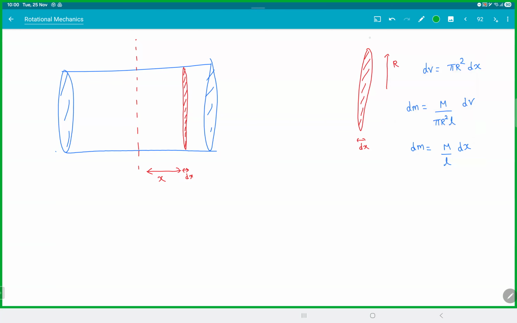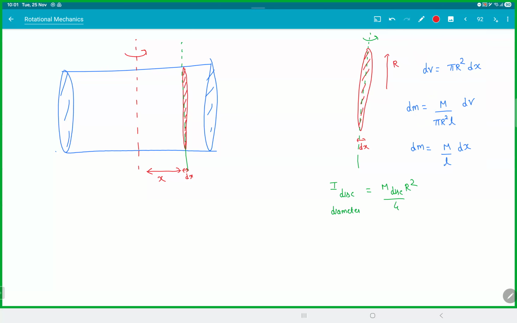For this thin disk, if you take the moment of inertia about the diameter, which will be mass of that disk into r square by 4. This we calculated. So I know the moment of inertia about this thing. But you want to find about the center.